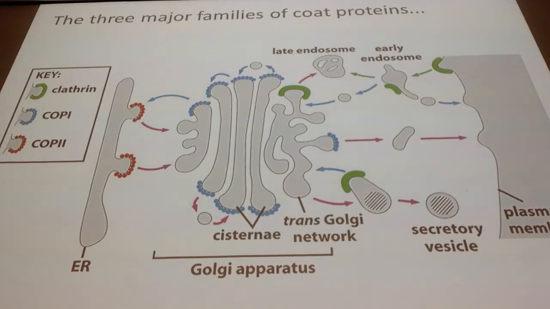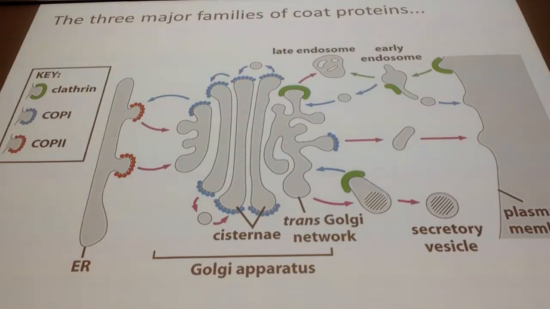And then both COP1 and clathrin are involved in budding from the transcisterna of the Golgi. And then only clathrin is involved in invagination, budding from the plasma membrane going the other way. So when we talk about endocytosis, only clathrin is involved.